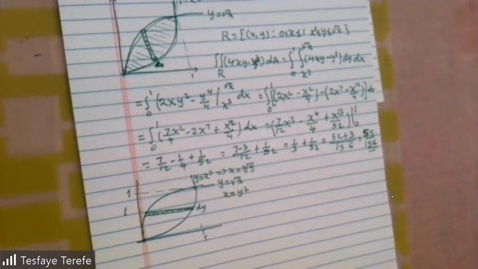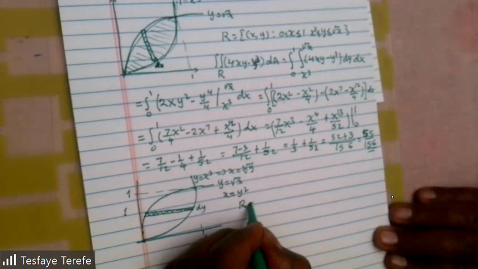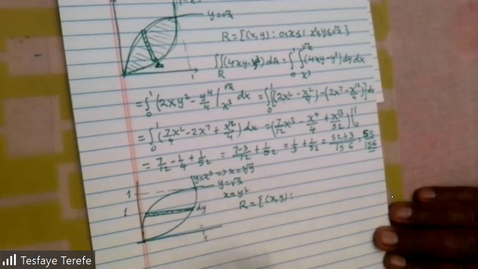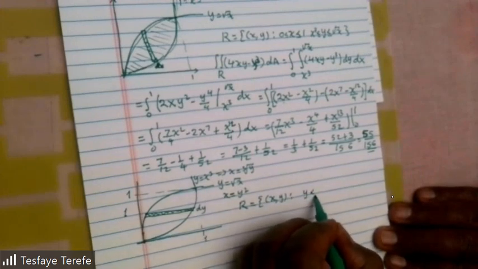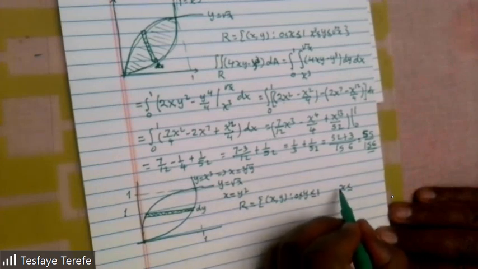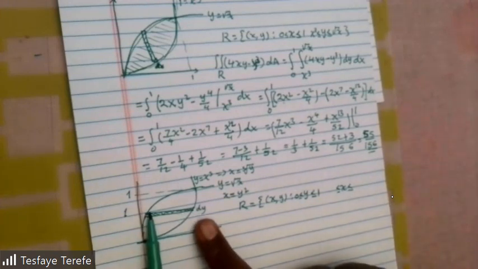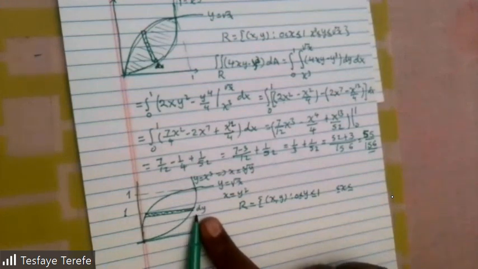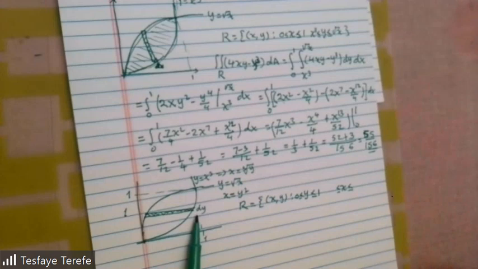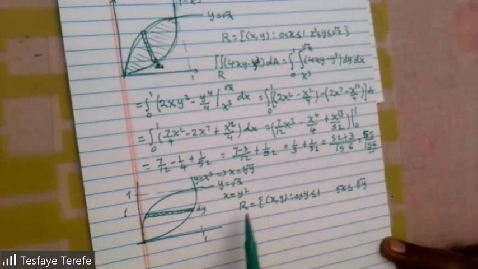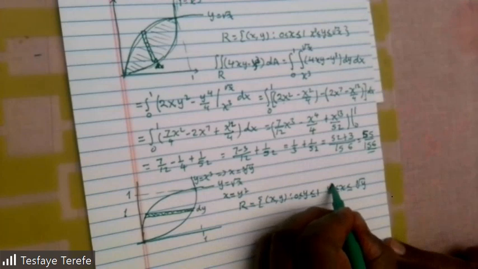Okay, once you have this, then what will be the region R? The set of ordered pair xy such that this time y is changing the constant from 0 to 1. And then x is changing the variable. What do you do? From the right, left. So the right function is the upper one, which is the cube root of y. And the left function is actually x, that is y squared.